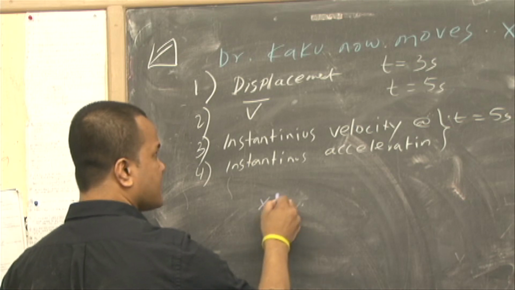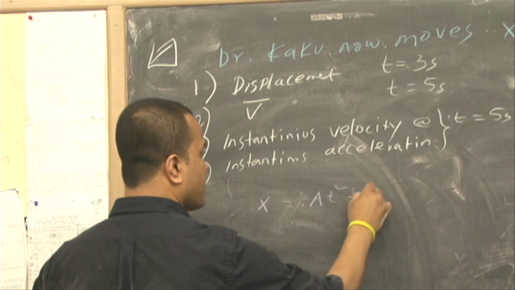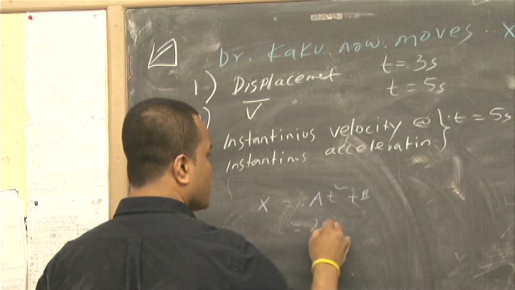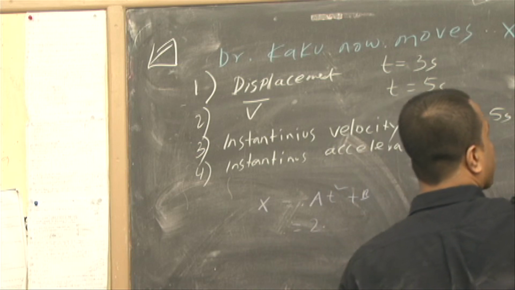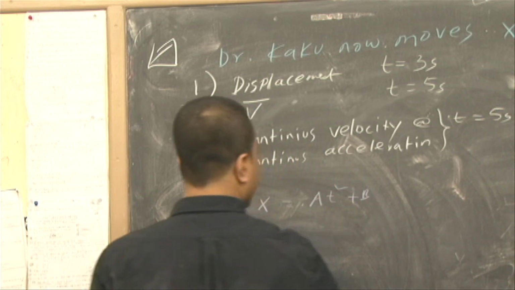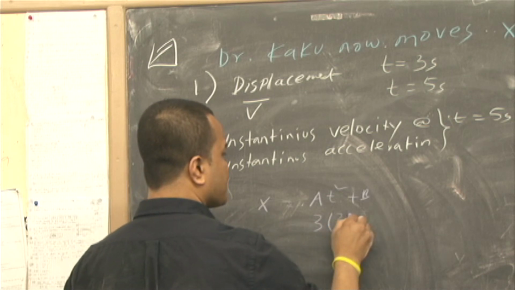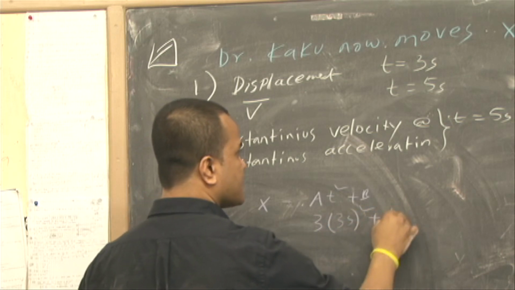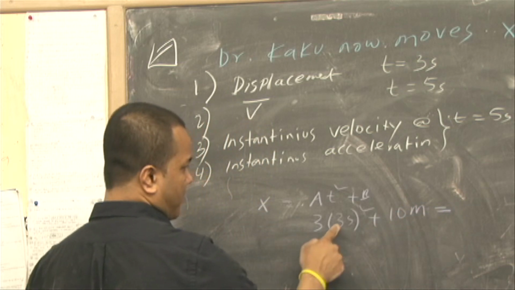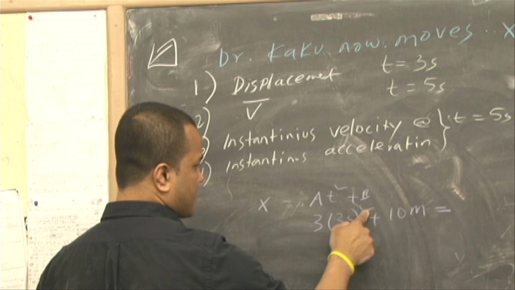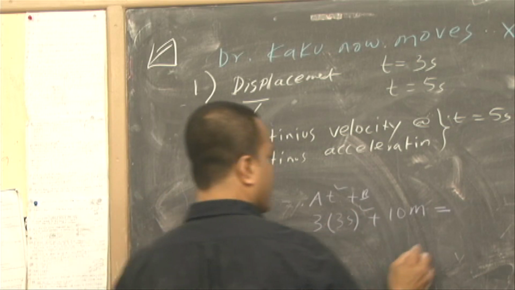So x is a t squared plus b. So a is 3, let's make it 3 meter per second square, and then 3 second squared plus b is 10 meters, which gives us 27.